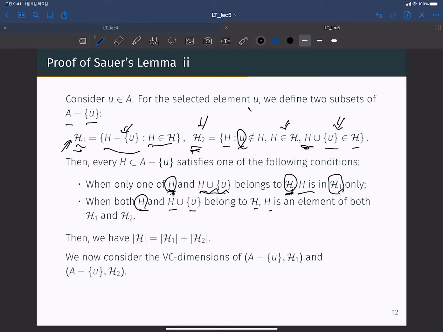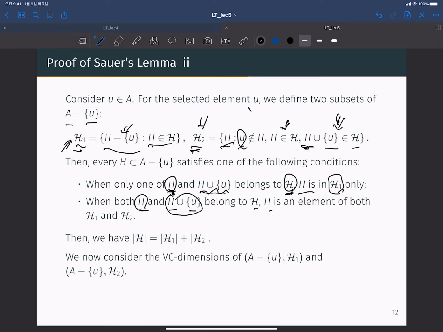When H and H union U both belong to H, then it is okay to remove U. And when both are true, this holds and this holds. So we can say that H is a member of H2.